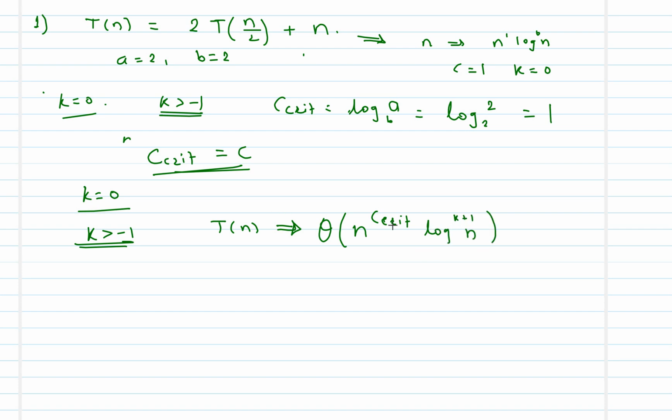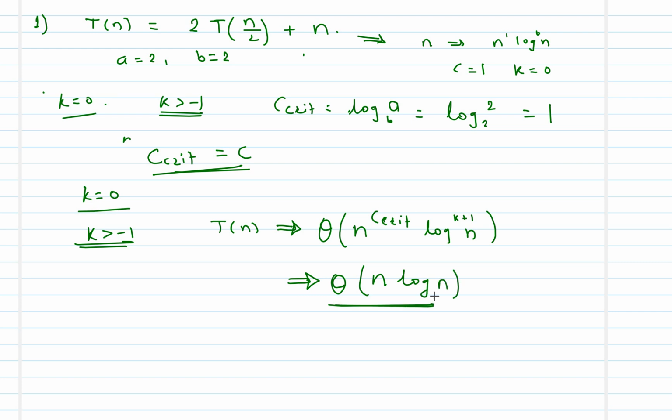And now what is K? We have 0 and C critical is 1, so we are getting complexity of the given recurrence relation using Master's theorem: C critical is 1, so it is n, and K is 0, 0 plus 1, 1, so it is n log of n.